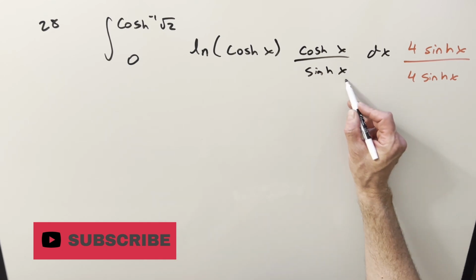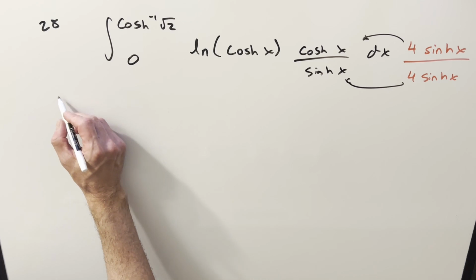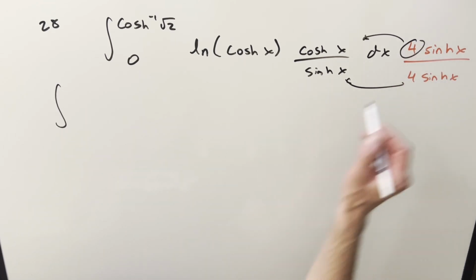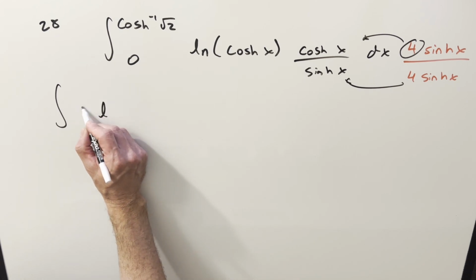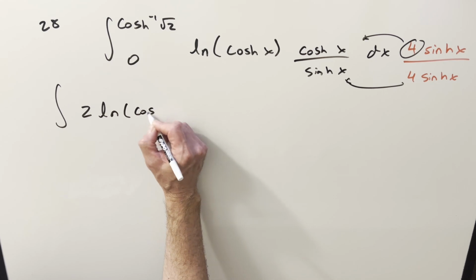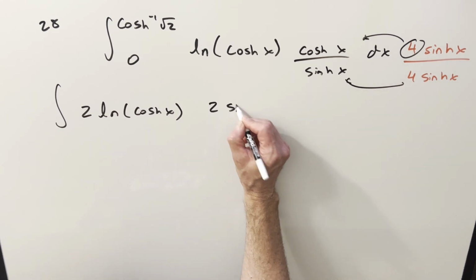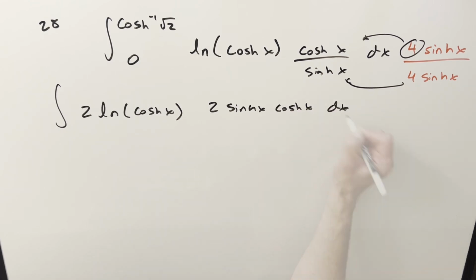And then this is going to help us when we multiply this stuff in here. But now when I multiply it in, we're going to do it kind of carefully. I'm going to break up this 4 and write it as 2 times 2. That allows me to multiply one of the 2's onto the natural log over here, and with what's left, we're going to have 2 sinh x cosh x right here.